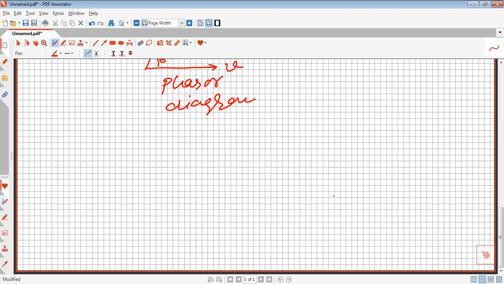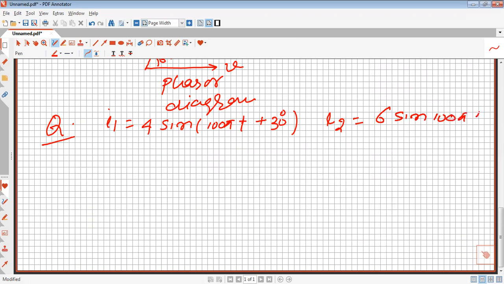Suppose in a question it is given that current I1 equal to 4 sine of 100 pi t plus 30 degrees, and one more current I2 equal to 6 sine 100 pi t.